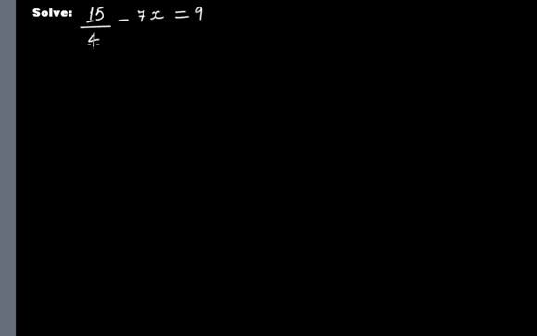Solve 15 by 4 minus 7x is equal to 9. Now since we want to find the value of x, and here this is a minus sign, what we can do is transpose minus 7x to the right hand side. This can be written as 15 by 4 plus minus 7x, right? Is there any difference in this one?